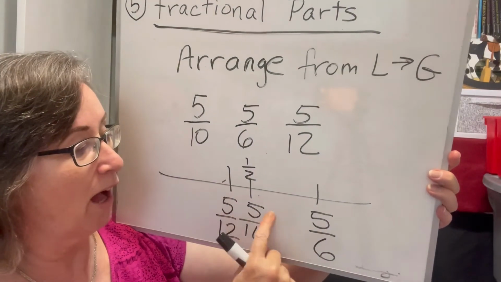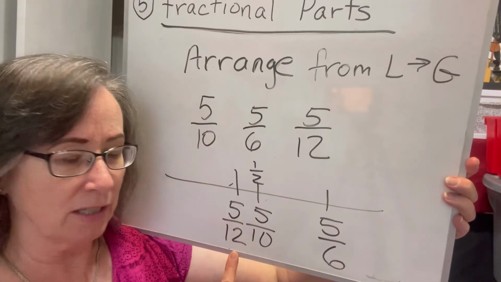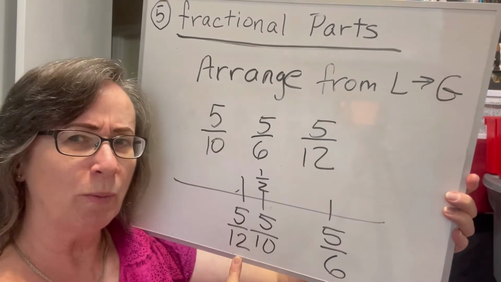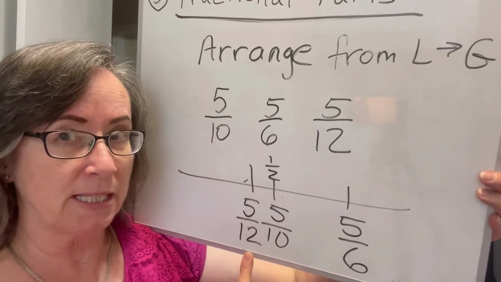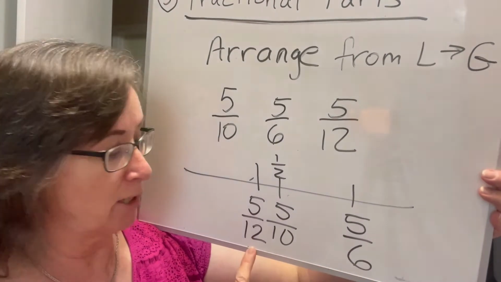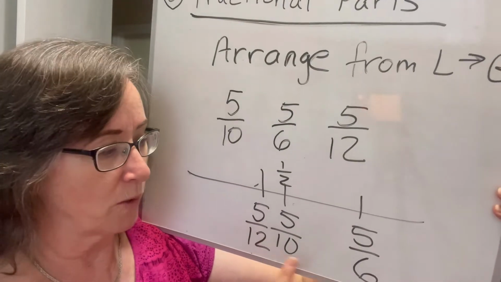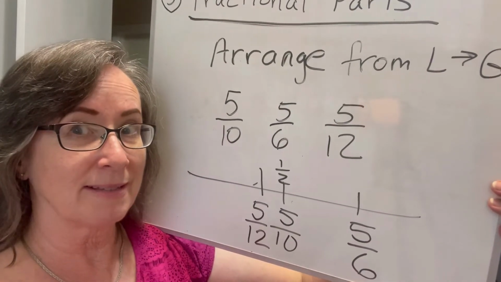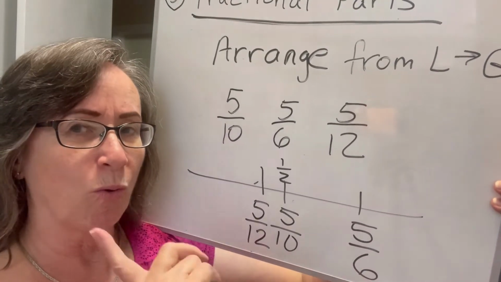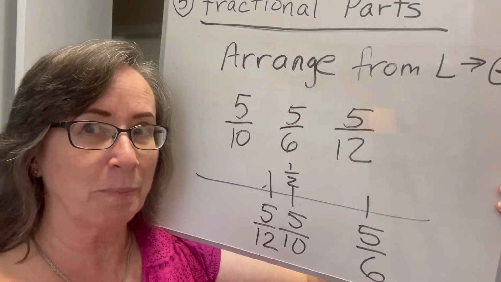Notice that all of the numerators were 5, but the denominators differ, so just think about it. Would you rather have 1/12 of a pizza or 1/6 of a pizza? That means you have to divide that pizza with 12 people or with 6 people. Which one's going to give you a bigger piece?